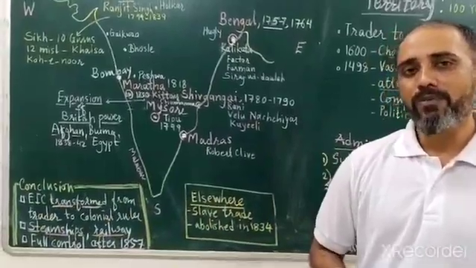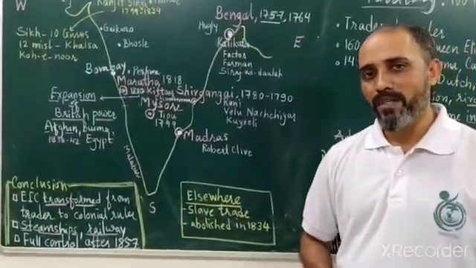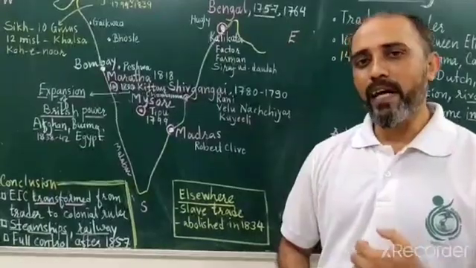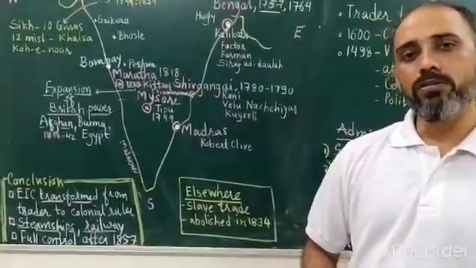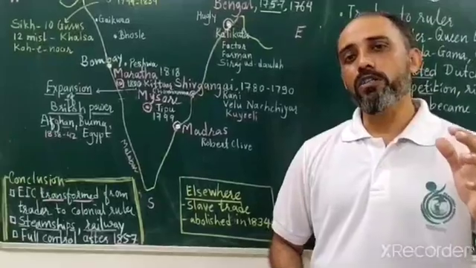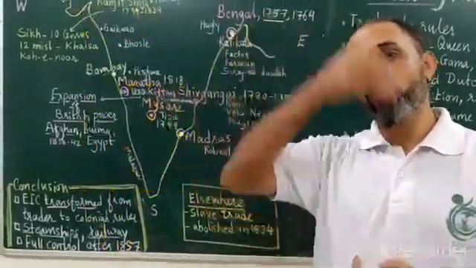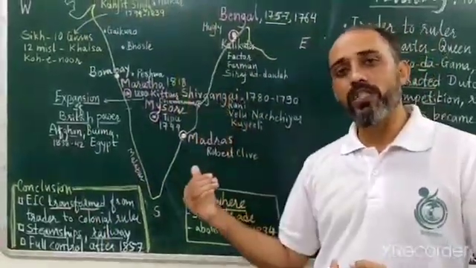We must know that before the coming of steamships, when they were traveling by the old ships, the British used to take 6 to 8 months to travel from Britain to India.